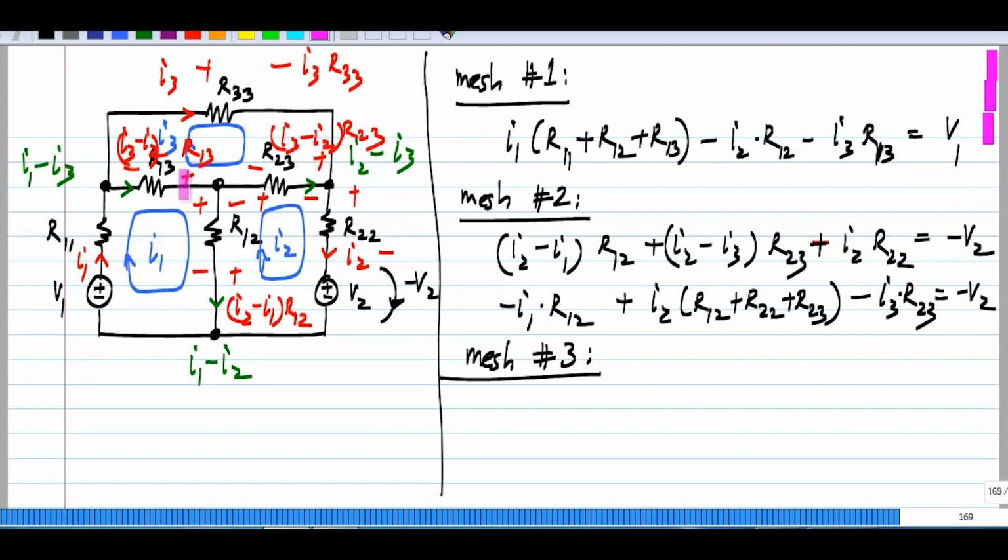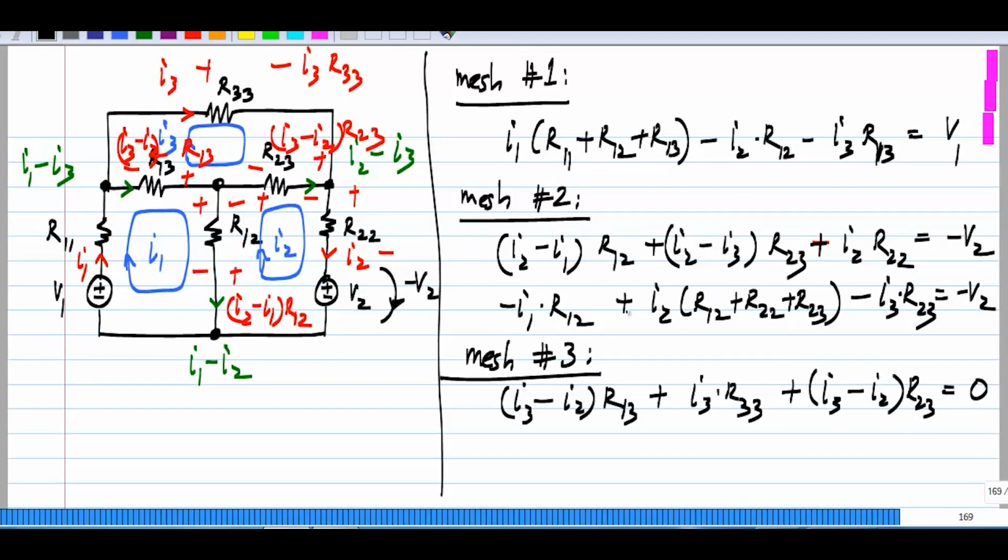So if I am writing the equation for mesh number 3, the current I3 will have positive coefficients. That's something to keep in mind. So I have I3 minus I2 times R13 plus I3 R33 plus I3 minus I2 times R23 to be equal to 0. There is no independent voltage source in this mesh.